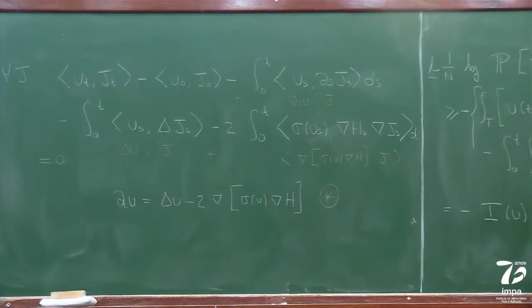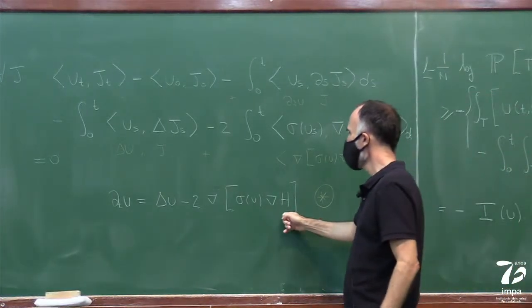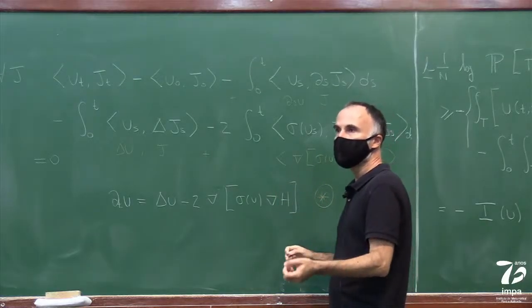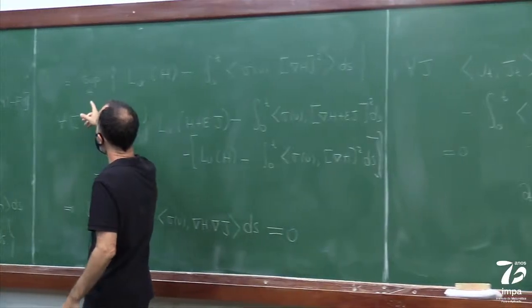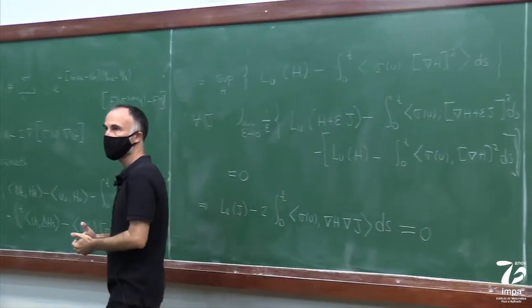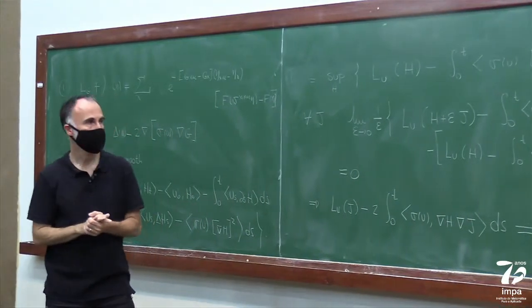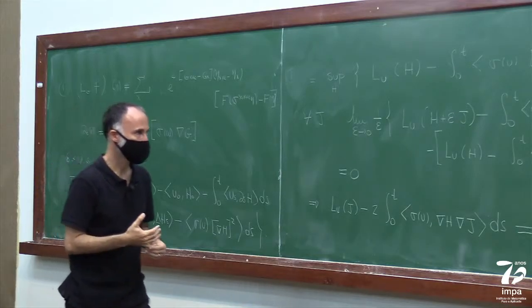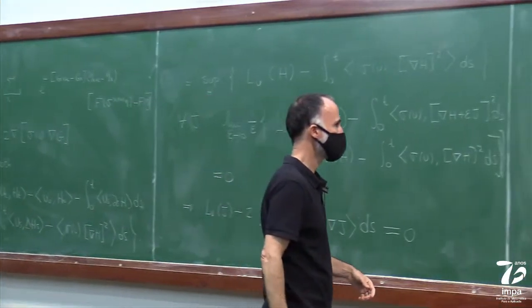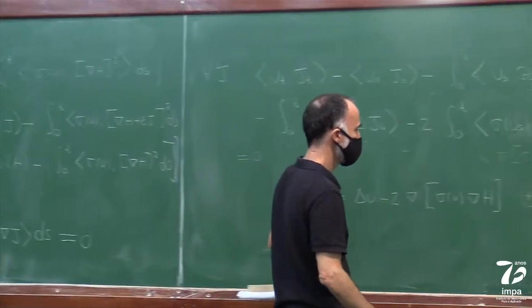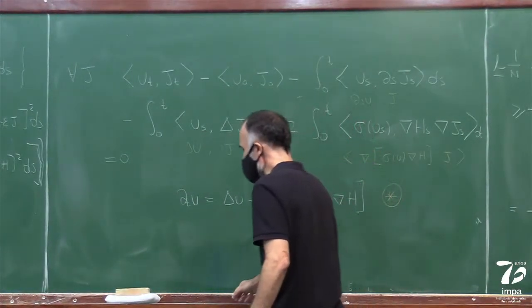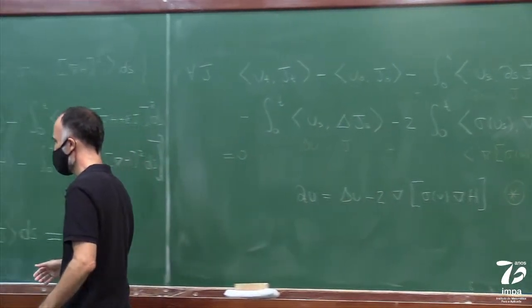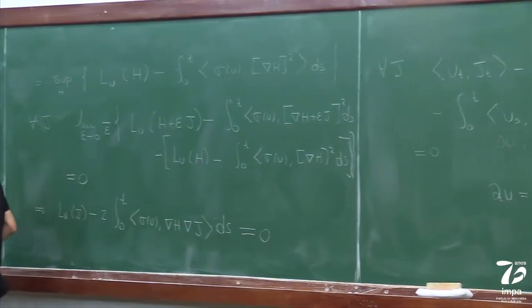So for a fixed u, I found what is the h which maximizes, is this one. Okay? Which means that, what is I?